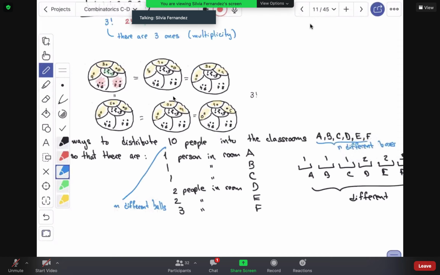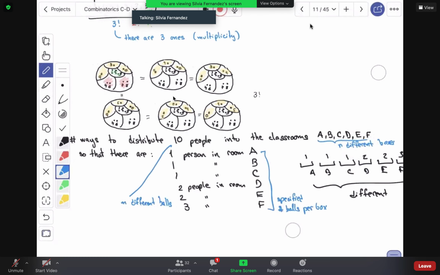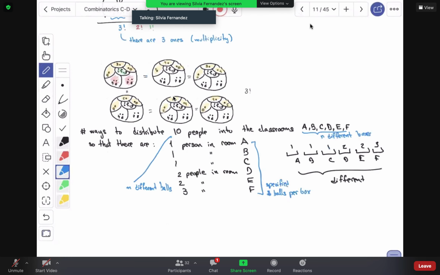And this is a specified number of balls per box. So that's again that column of my table. But this time around I have different boxes. And the answer for this one is 10 factorial, since I have to distribute exactly into these sizes.